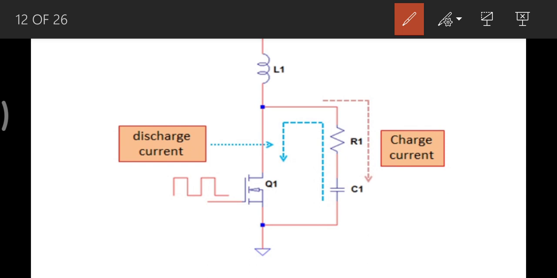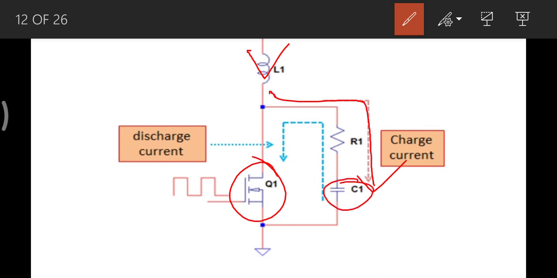Let us consider this is a switch, that means any semiconductor device like SCR or IGBT. Initially the switch is in off state. When the switch is in off state, the supply sends the current, and that current flows through this side. So in this process the capacitor C1 gets charged and the current flows like this.